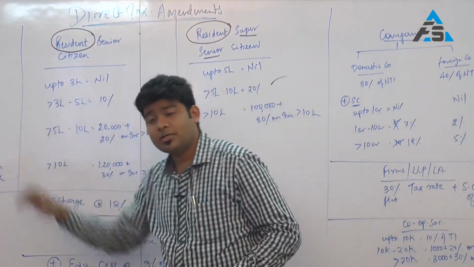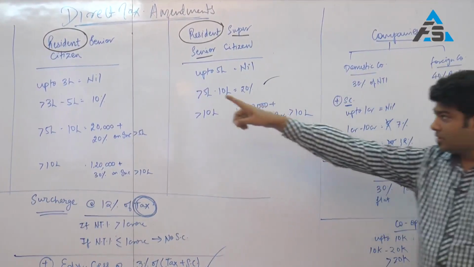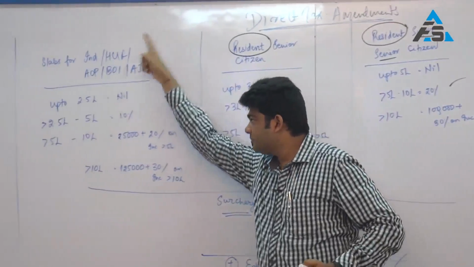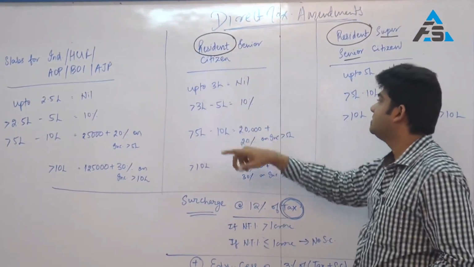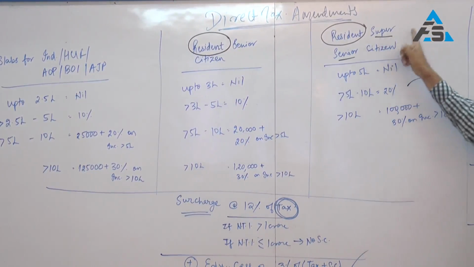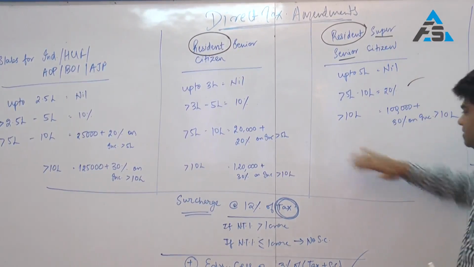So this is how the tax slabs are for individual, HUF, AOP, BOI, AJP. The individual less than 60 years of age, HUF, AOP, BOI, AJP all fall in this category. Individual resident senior citizens will fall in this category beyond 60 years of age up to 80. Resident super senior citizen beyond 80 years of age will fall in this category.